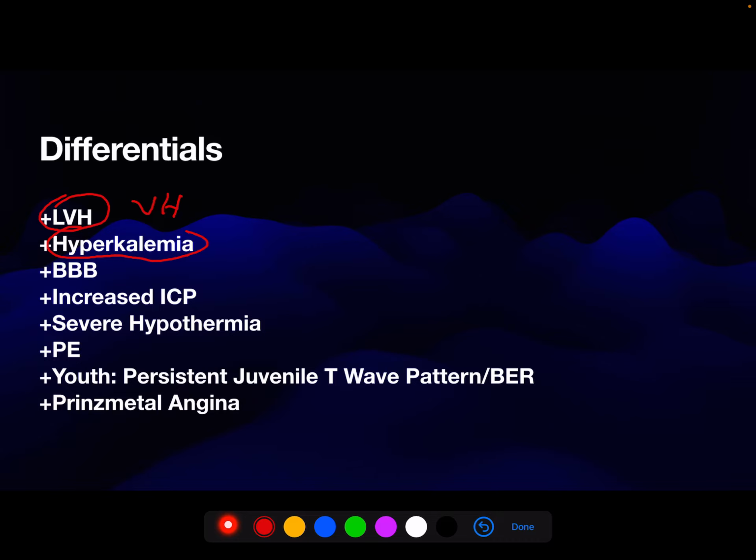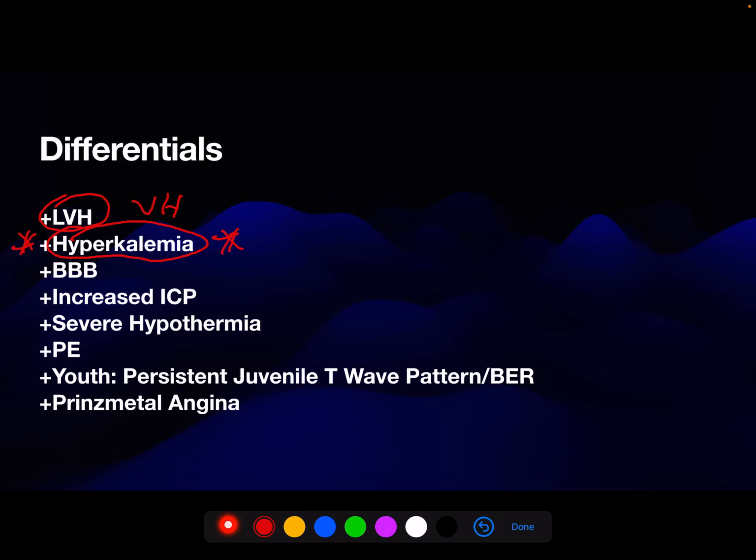Hyperkalemia is a big one, and it is kind of a great imitator when it comes to T wave morphology and ST segment changes. It is a critical differential that you don't want to miss, because if untreated, it can lead to substantial morbidity and mortality.